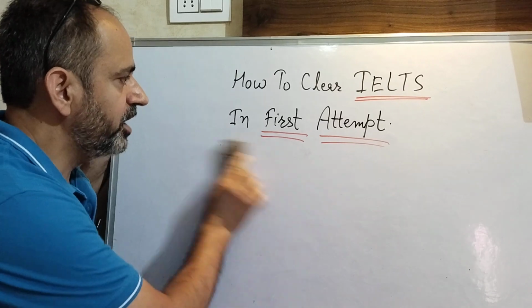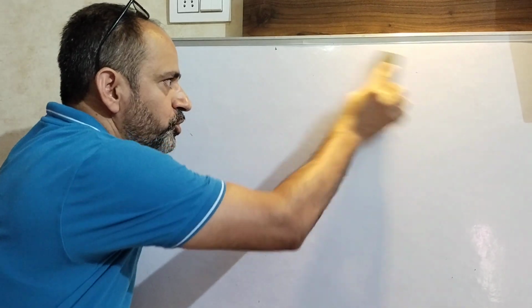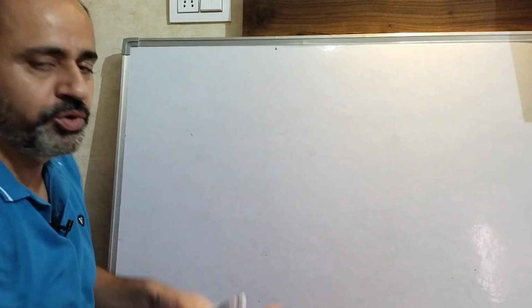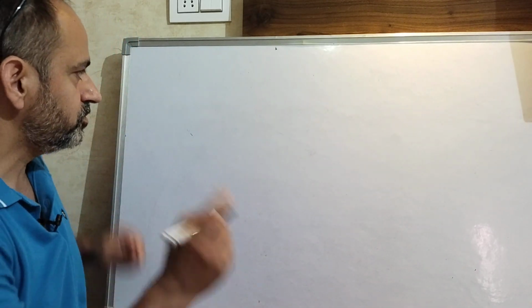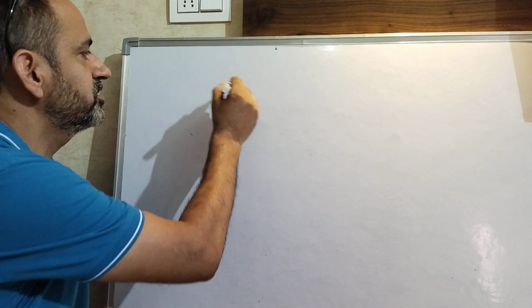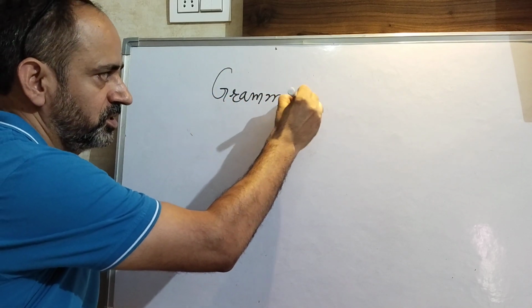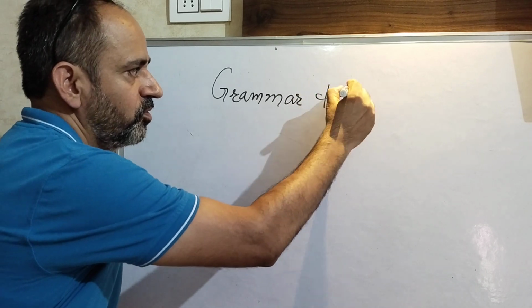So here I am going to tell you how you can improve your grammar and your vocabulary. These two are the basic mantras, I can say. The basic essence of IELTS for beginners is grammar plus vocab.